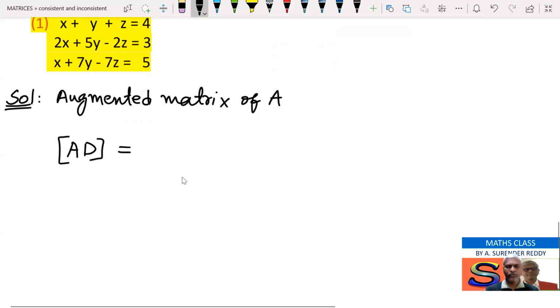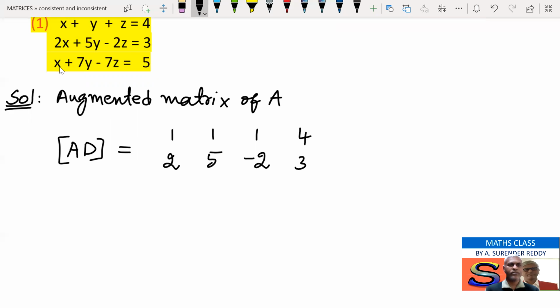In the second equation, the coefficients are 2, 5, minus 2 and the constant 3. So 2, 5, minus 2, 3. In the third equation, 1, 7, minus 7, 5.